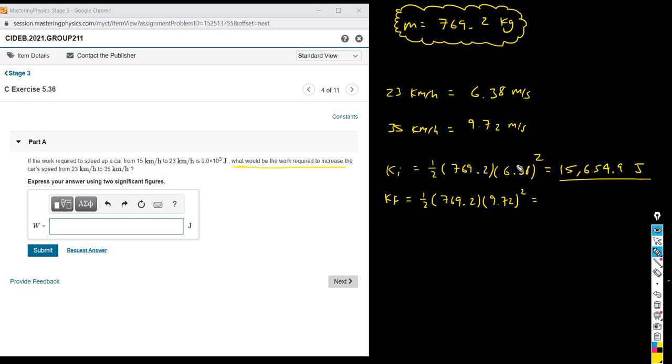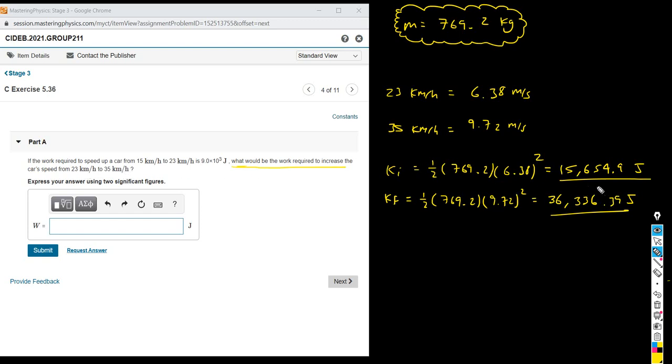We're going to get 36,336.39 joules. You see? And so we have an initial kinetic energy and a final kinetic energy when the car goes from this initial velocity to this final velocity.